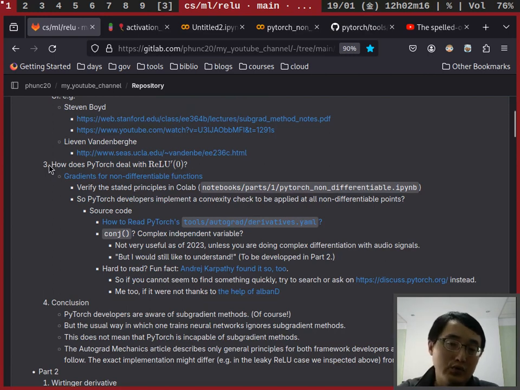Next, we will move on to exploring how PyTorch deals with ReLU prime of 0. PyTorch must be able to deal with ReLU prime of 0, because this is too small a question, so it is impossible that PyTorch cannot deal with this. So the question is how it deals with it.